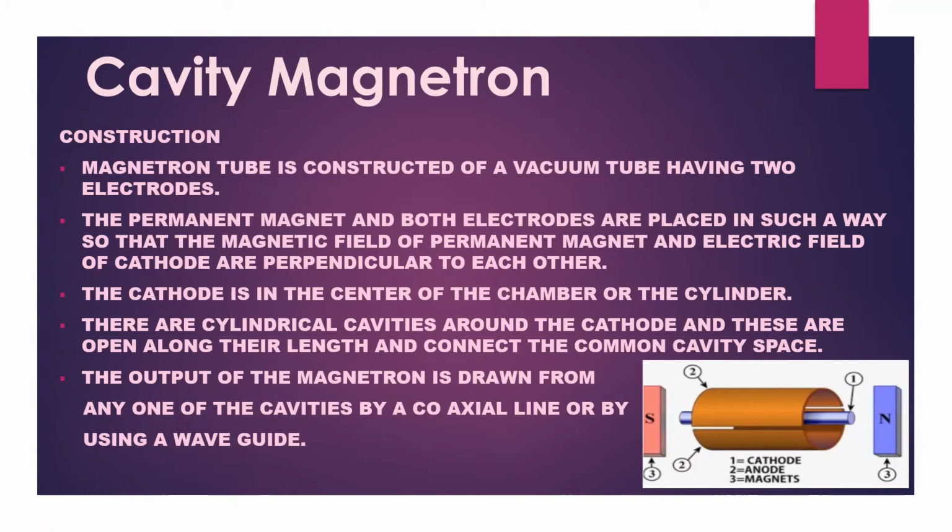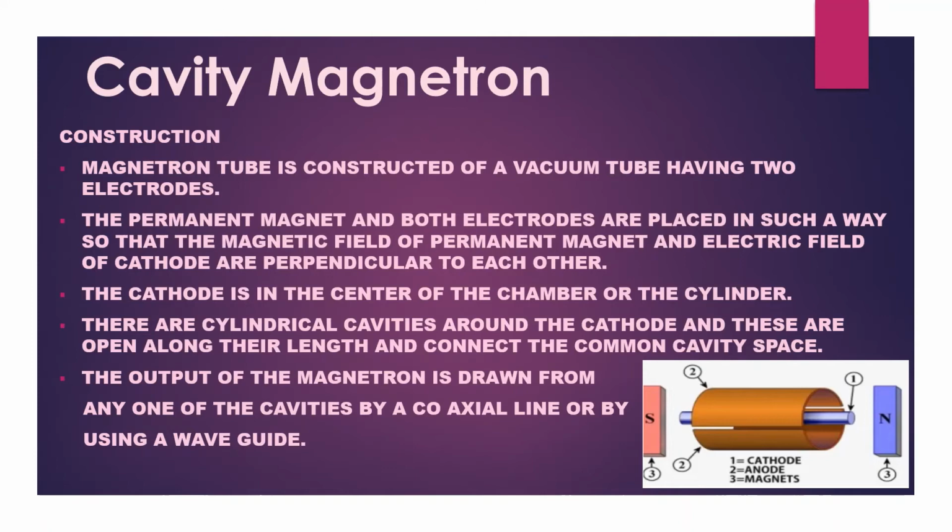The cathode is in the center of the chamber or the cylinder. There are cylindrical cavities around the cathode, and these are open along their length and connect to a common cavity space. Of course, this is not shown in the diagram, but in the next slides you can see the diagrams where we can see the anode cavities.